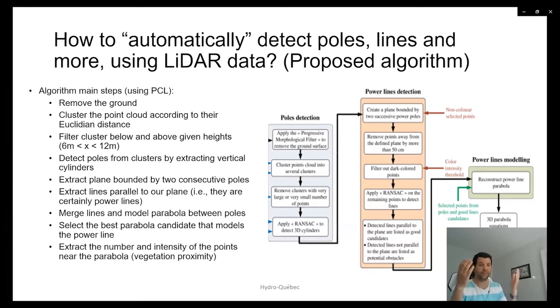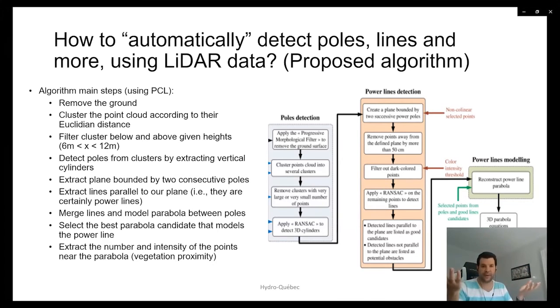Once we have the plane that is bounded by two poles, we try to find lines, and the lines represent the overhead power lines. Once we have the lines, we reconstruct our power line by a 3D parabola, and this parabola represents the whole line between two poles.